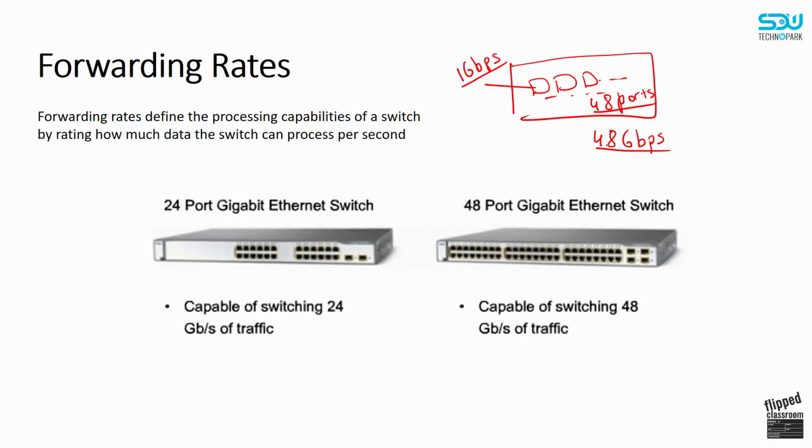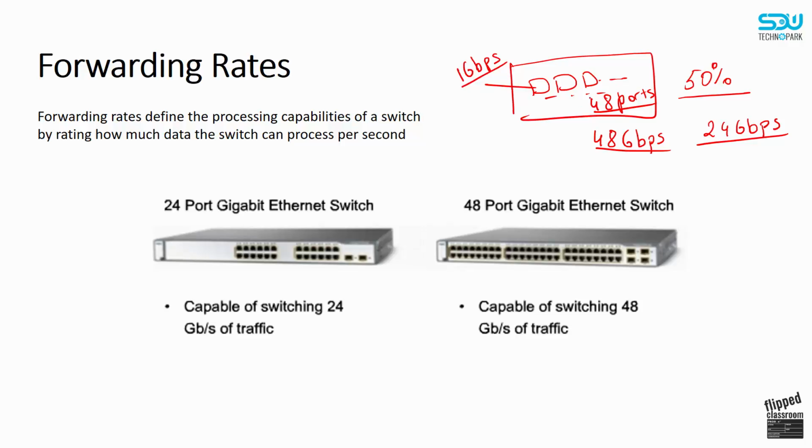Some vendors, like no-name vendors, can provide you such a device, and you will buy it, and afterward you will connect all 48 ports, and when you use your switch at 100%, it will work, for example, at only 50%, so that its forwarding rate can be 24 gigabits per second, but it can have 48 ports with 1 gigabit per second.